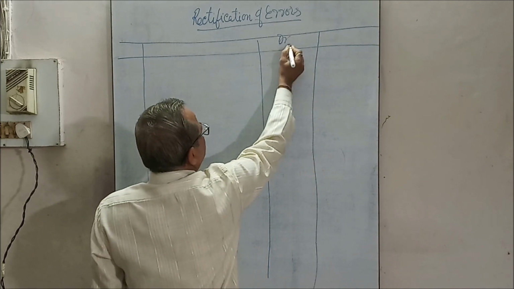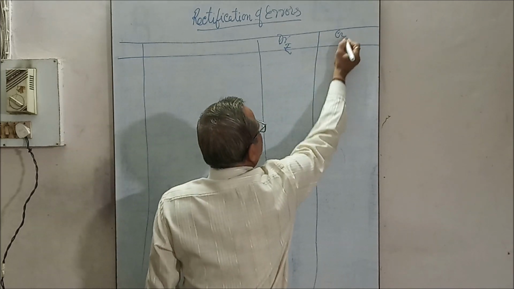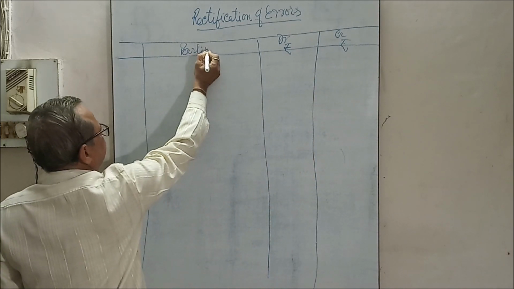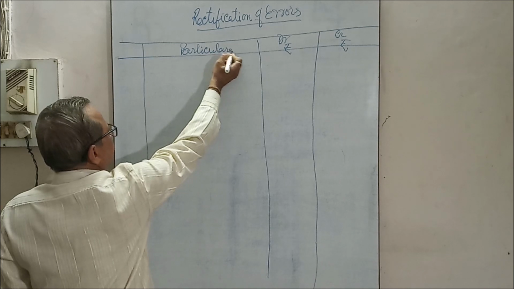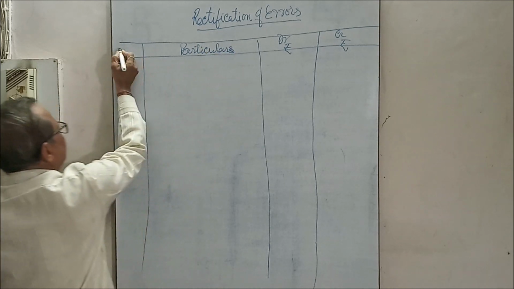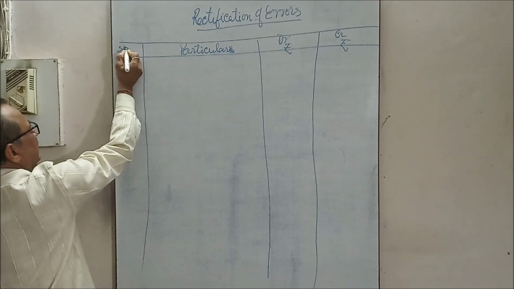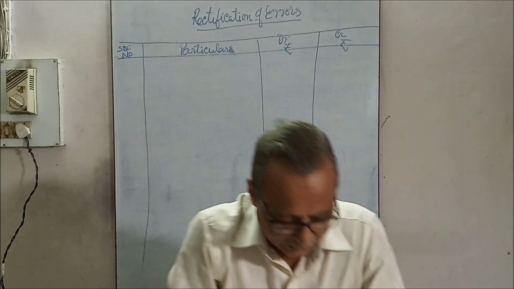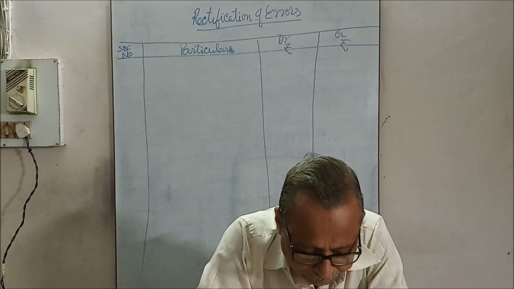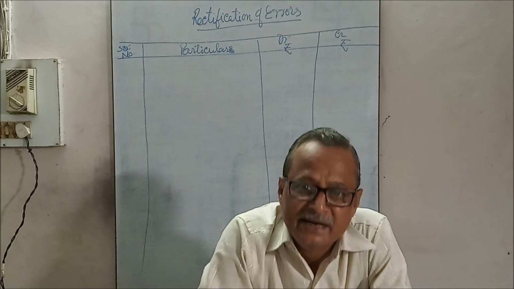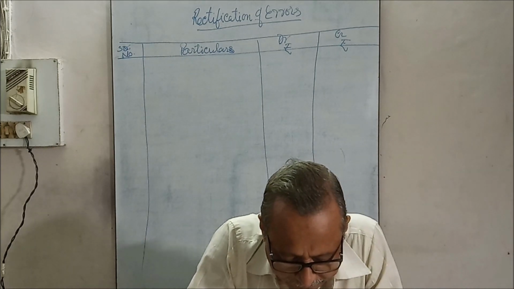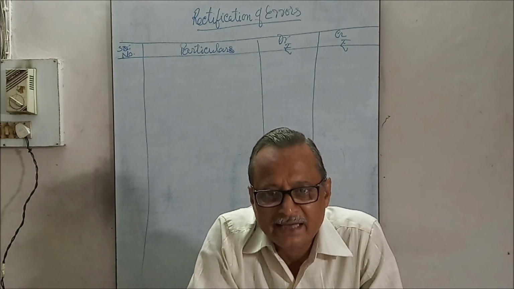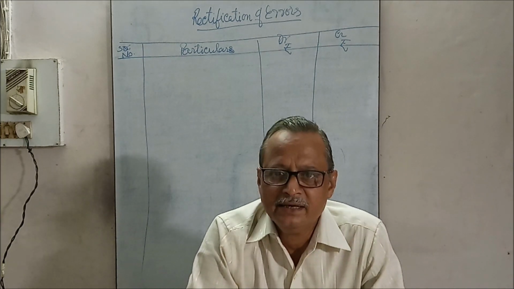It is debit amount, it is credit amount. Particulars, and serial number. Number one, goods purchased for 99 had been posted to the credit of the supplier as 990.